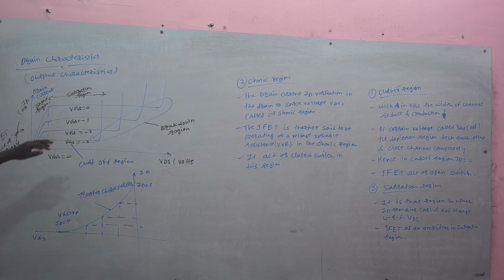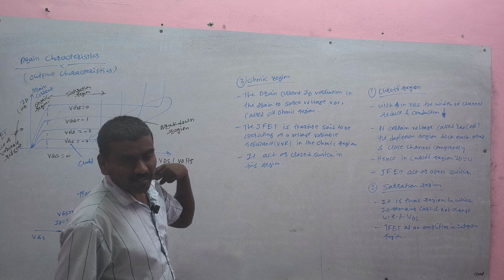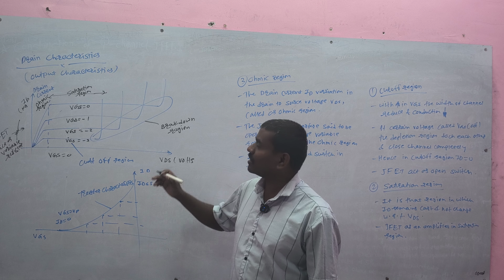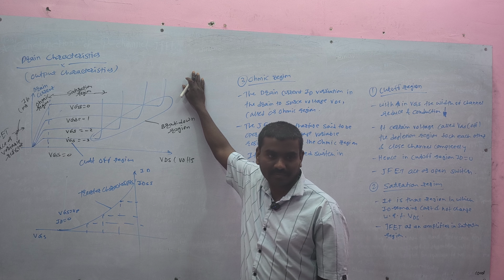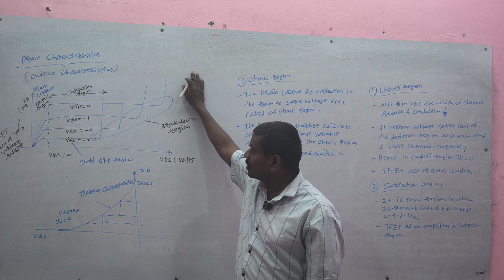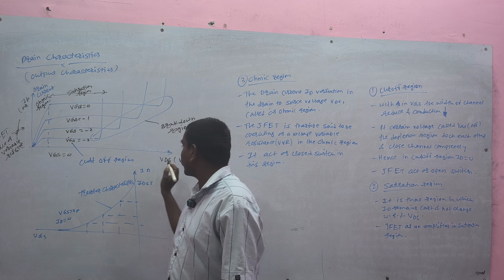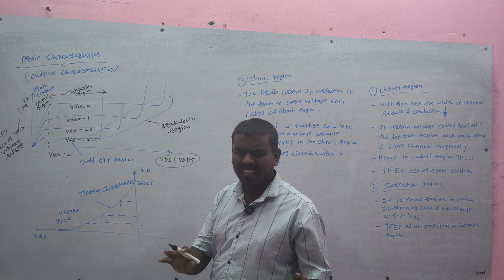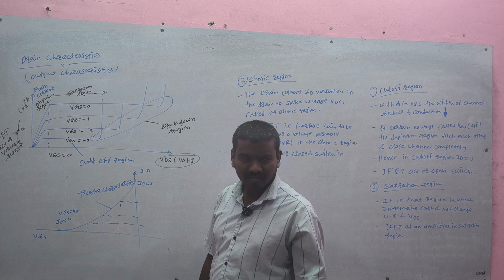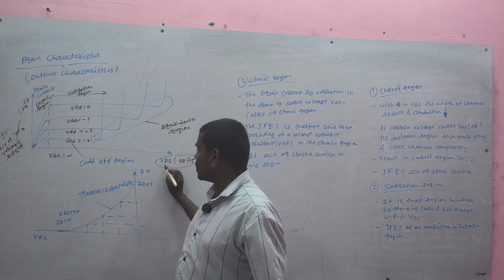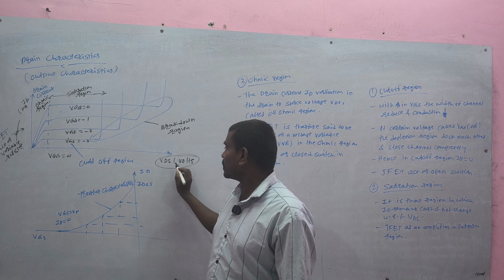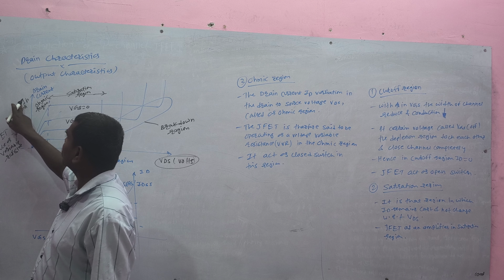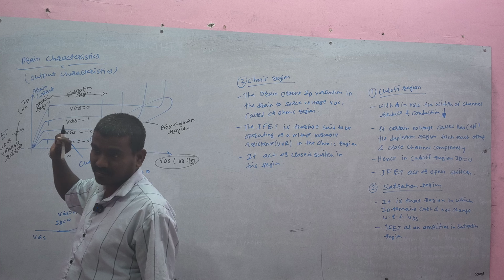See here, this is a characteristic of JFET, the output characteristic of JFET. On the x-axis we have taken VDS, that is drain to source voltage, and on the y-axis we have taken drain current.